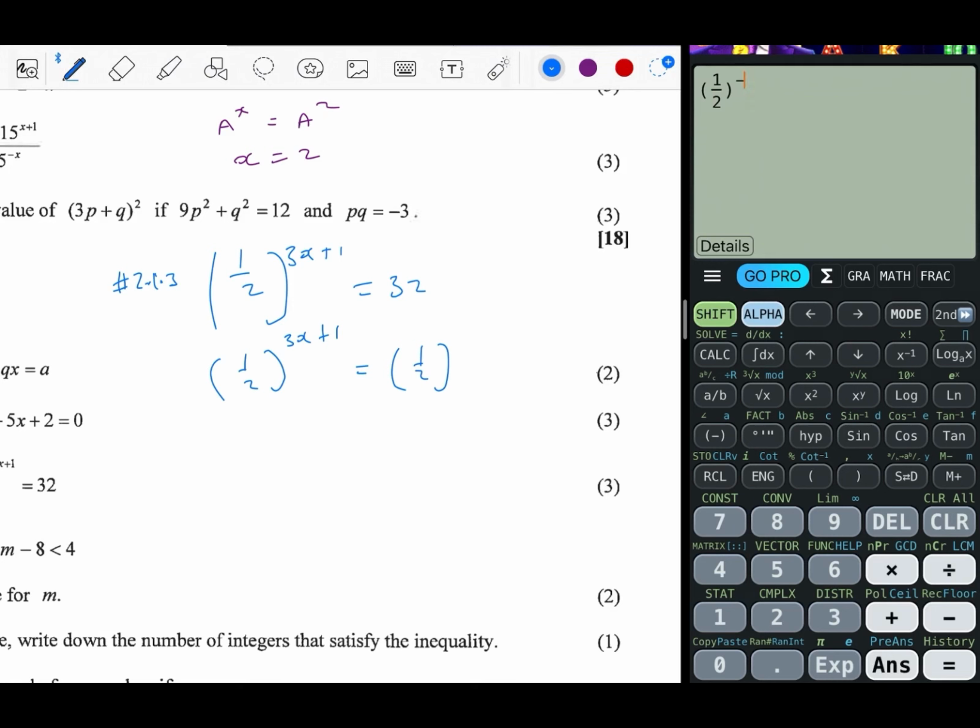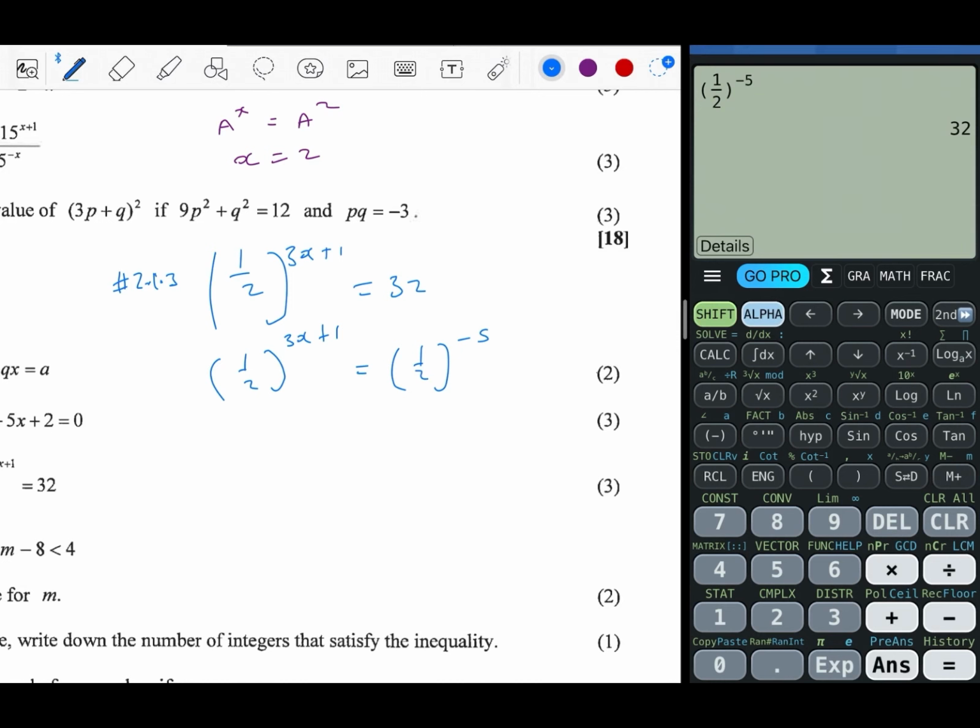So if you have power negative 3, you get positive 8. If it's power negative 4, you get 16. All right, so we're going in the right direction. If it's power negative 5, you get 32. So half power negative 5 is 32, right?